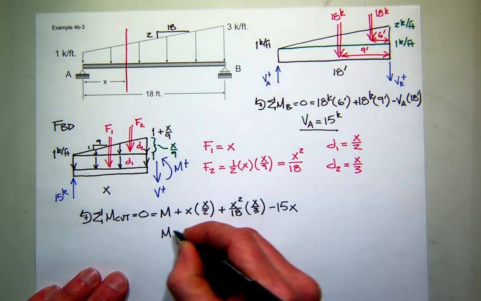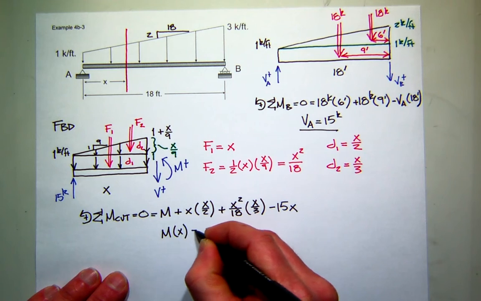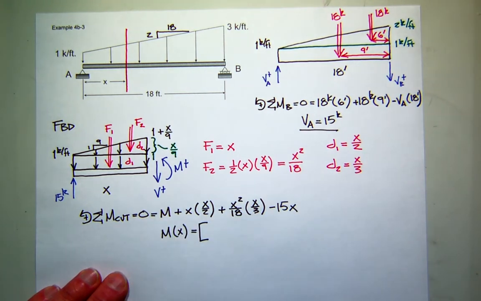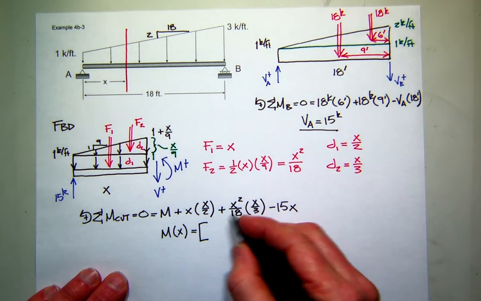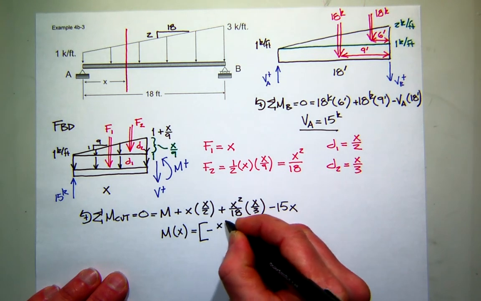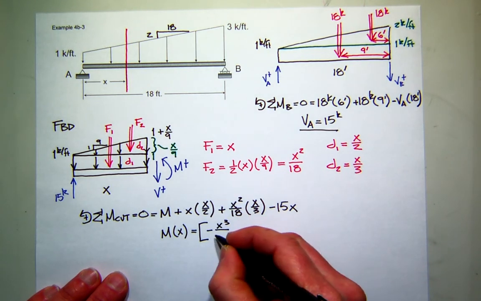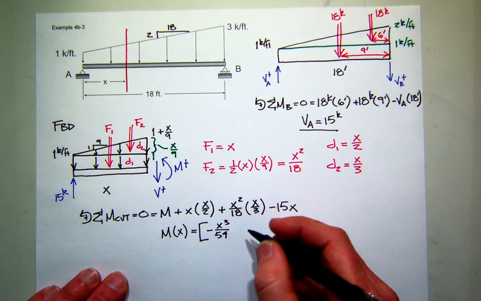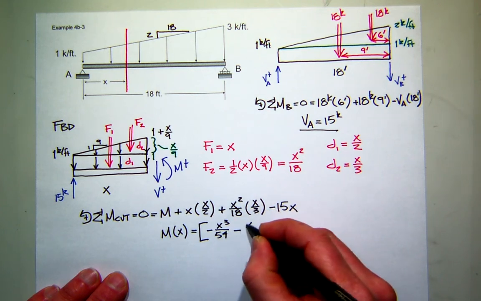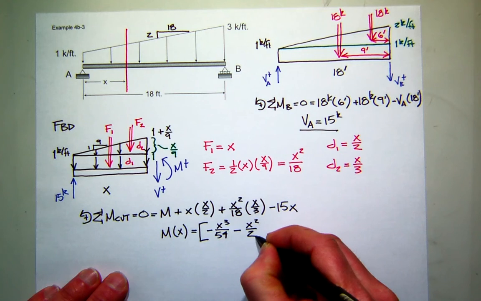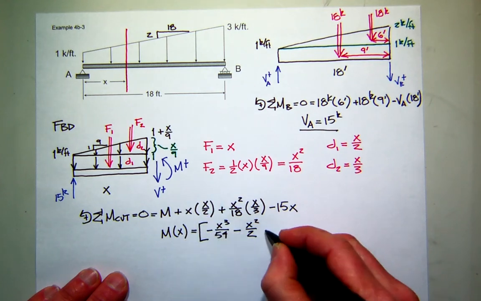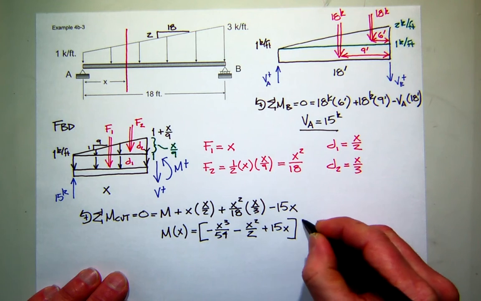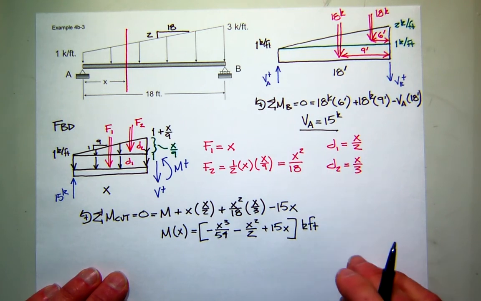So now my moment, which should be a function of x, is equal to, so I'm going to throw all these terms to the other side of the equation. We'll start with the highest order term. So I'll have negative x cubed over 54, that's this term, minus x squared over 2, that's this term, plus 15x. And that should be kip feet.